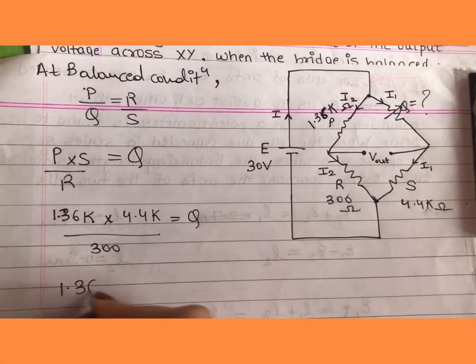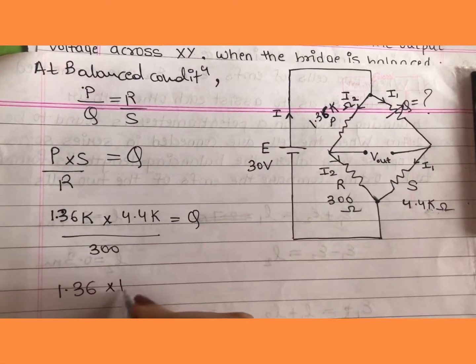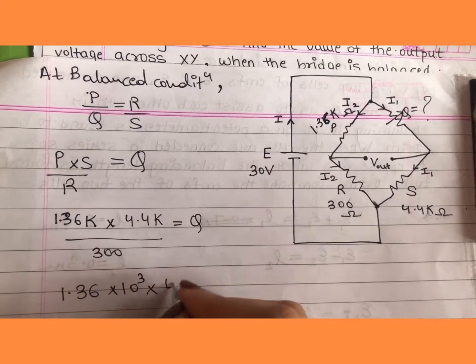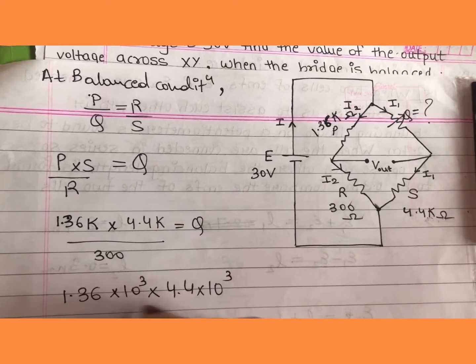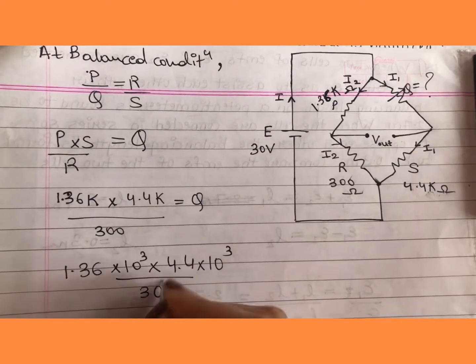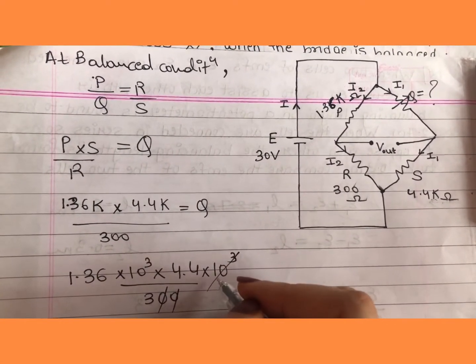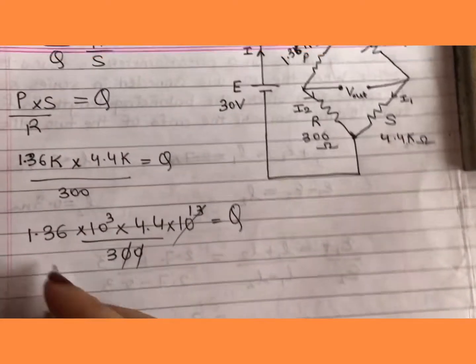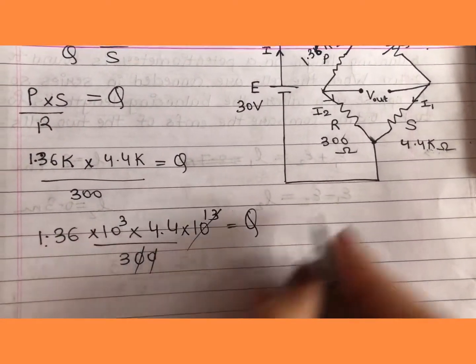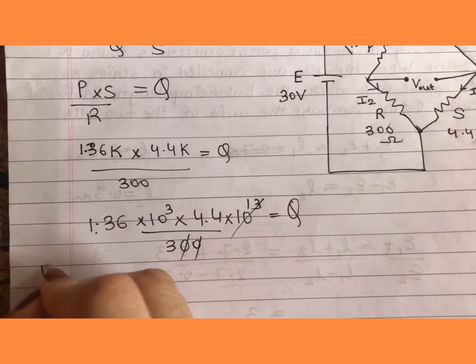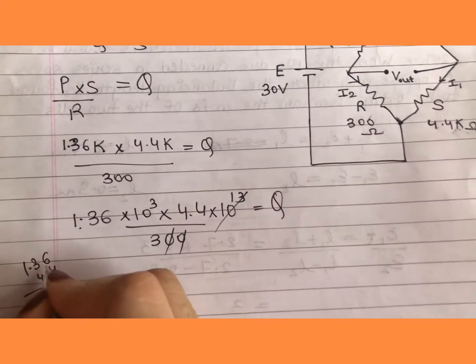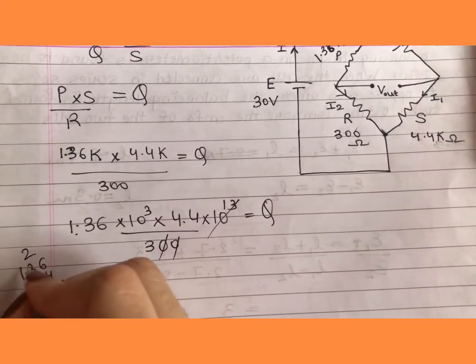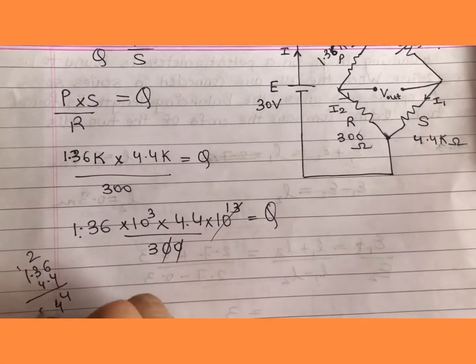So 1.36 K means 10 raised to 3, 4.4 K means 10 raised to 3, upon 300. So 2 zeros from here and 2 zeros from here get cancelled. So 1 zero remains over here. So we have 1.36 into 4.4. Let's multiply. 4 6s are 24. 3 4s are 12, 13, 14. 4 1s are 4 plus 1, 5.